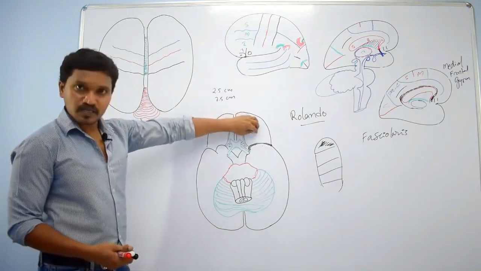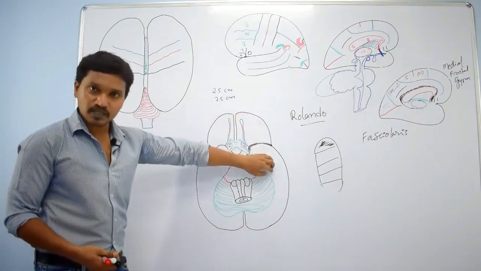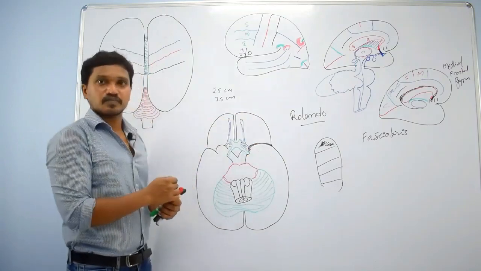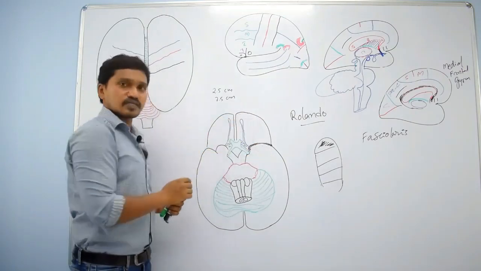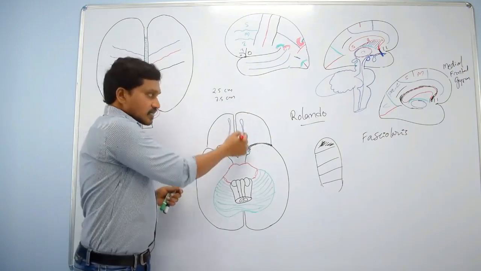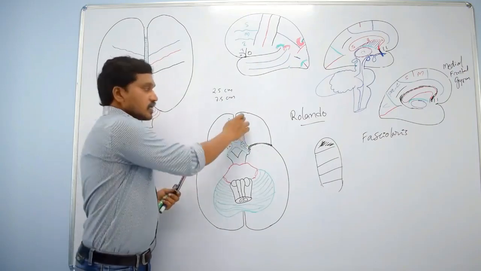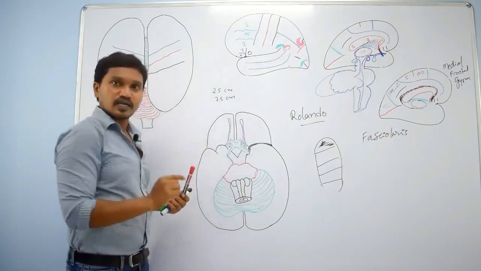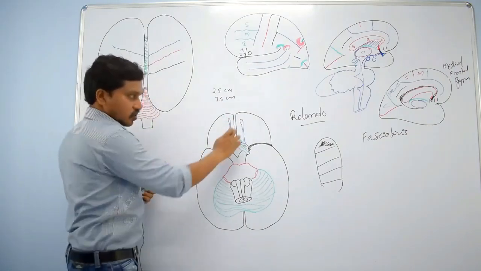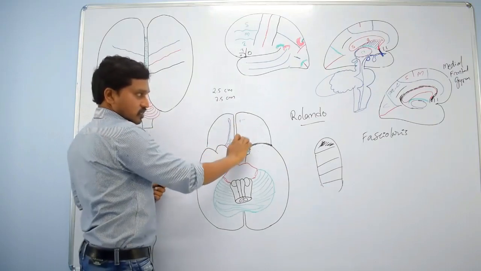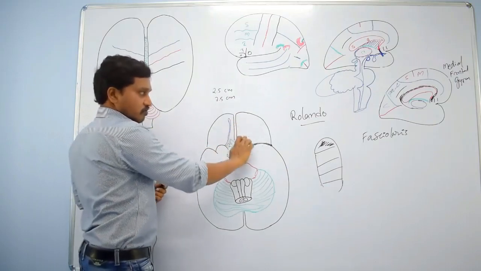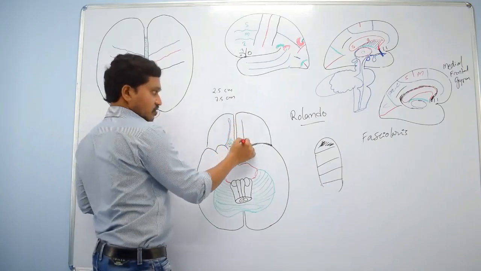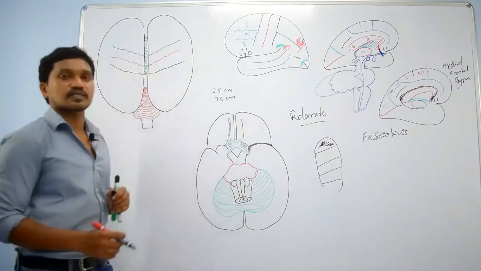Anterior part is the orbital part, posterior part is the tentorial part. This orbital surface contains one sulcus which is present above the olfactory bulb and tract. If you remove this, you can find one sulcus here, which we call the olfactory sulcus.